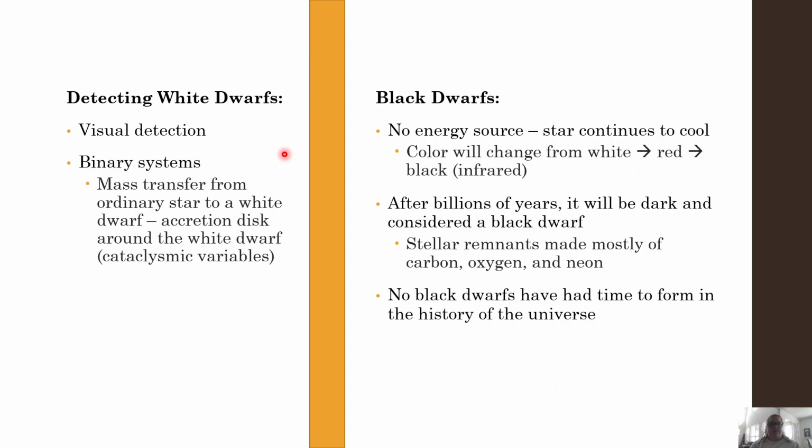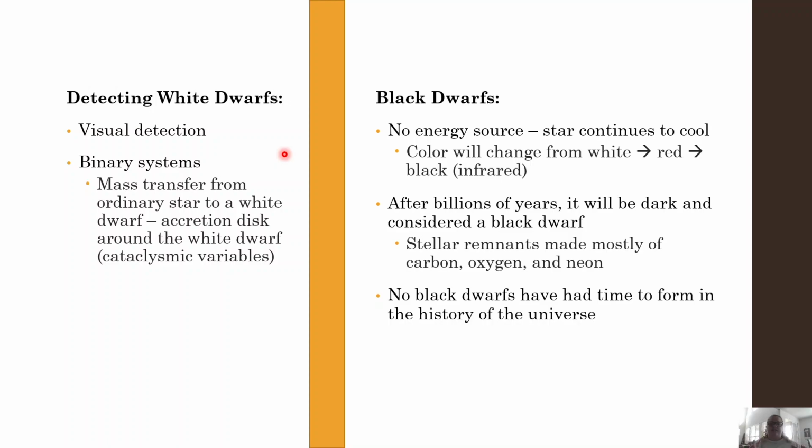Okay, so we can detect white dwarfs, first of all, by visual detections, and also by looking at binary systems. So there are binary systems out there where there's two stars orbiting each other, and one of them may be a white dwarf.